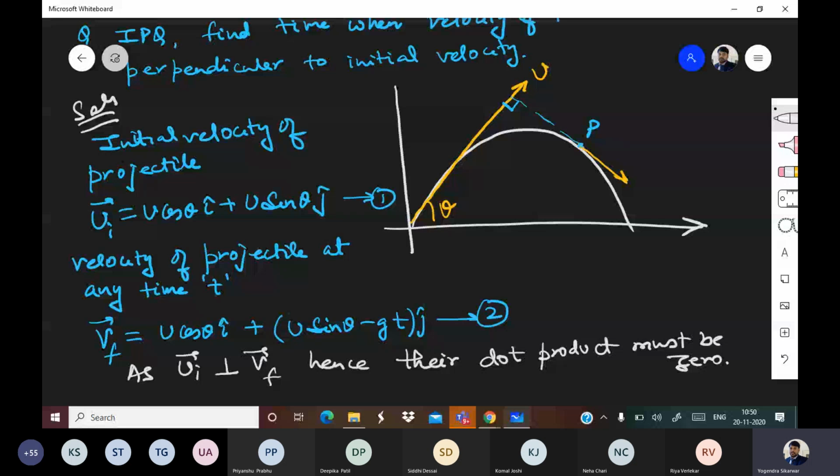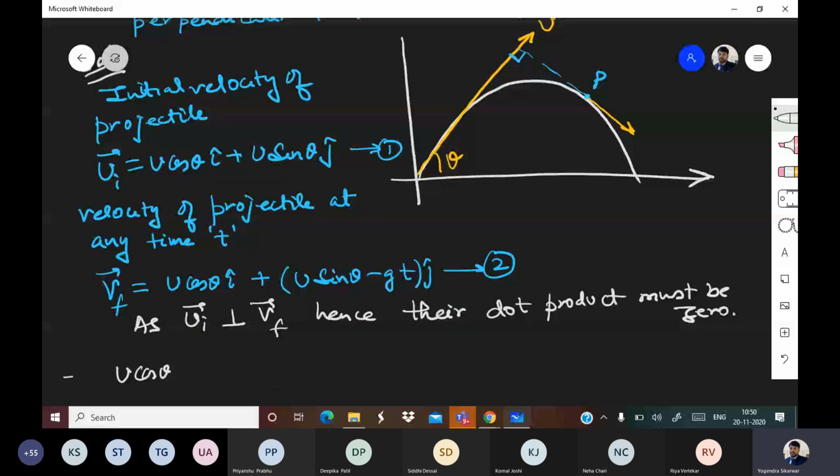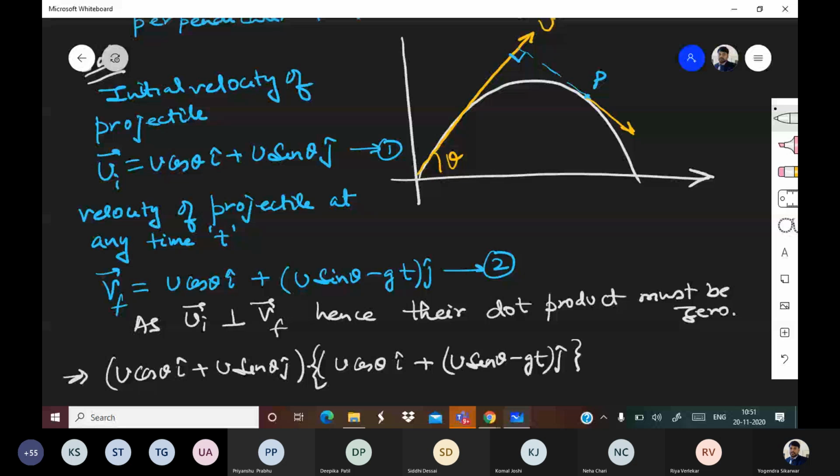That is the way to prove that two vectors are perpendicular. So that means, let me do the dot product. (u cos theta i cap plus u sin theta j cap) dot (u cos theta i cap plus (u sin theta minus gt) j cap) is equal to 0.